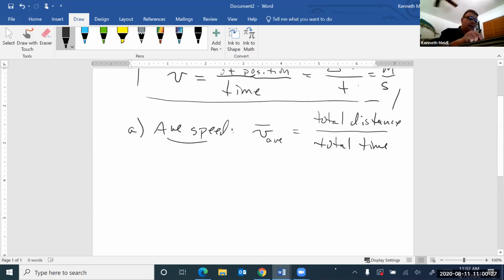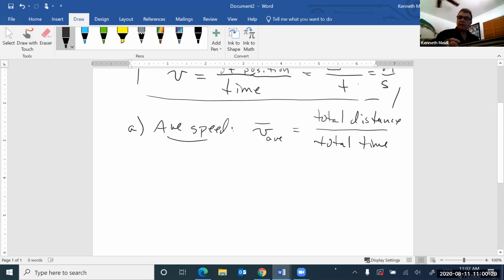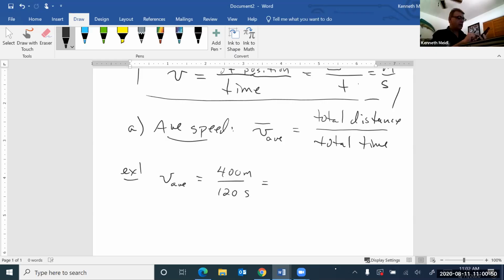And someone asks you to do this calculation of what is your average speed. So you've got, for example, my average speed is I went 400 meters and it took me 2 minutes, so that's 120 seconds. I'm just going to get my calculator out and say 400 divided by 120, and it tells me 3.33.